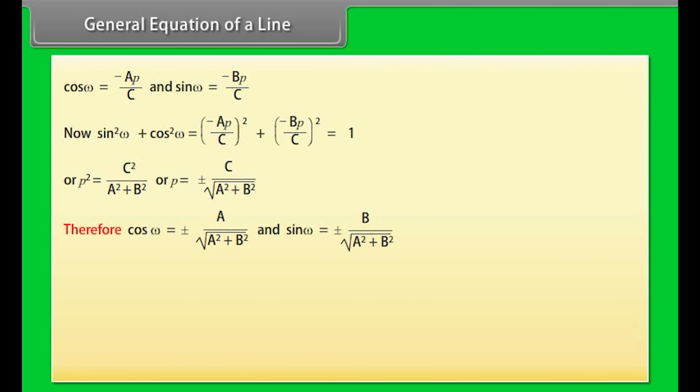Therefore, cos omega is equal to plus minus a by square root of a square plus b square, and sin omega is equal to plus minus b by square root of a square plus b square.